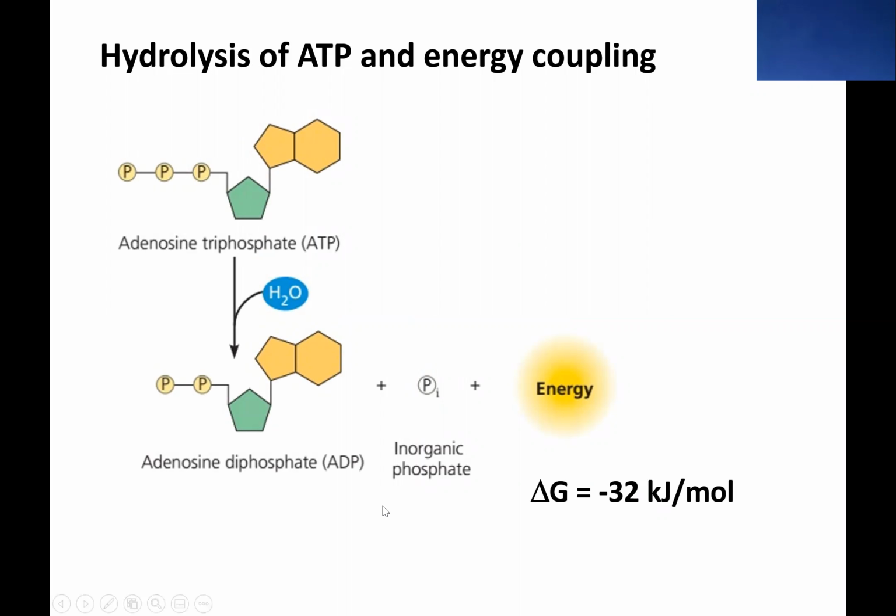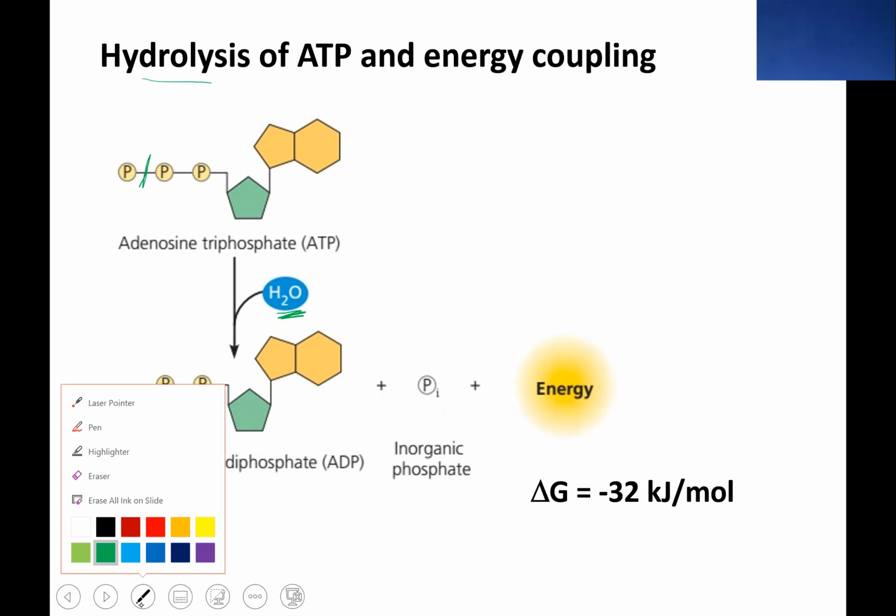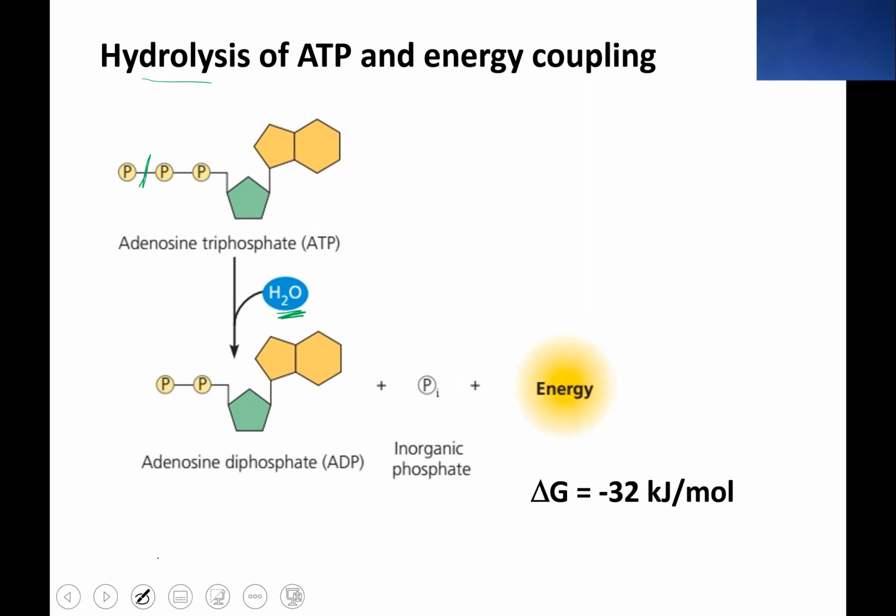So remember, ATP is our energy molecule in the cell, and we have hydrolysis, so we're using water to break a bond, and we're breaking this last phosphate bond. And energy is released, about 32 kilojoules per mole.